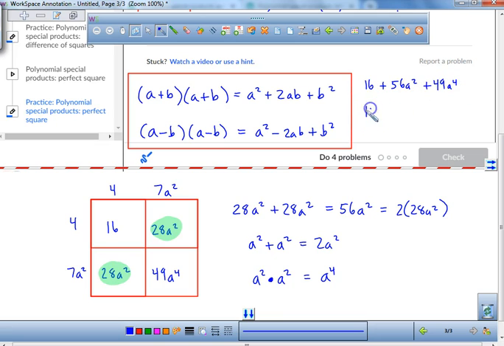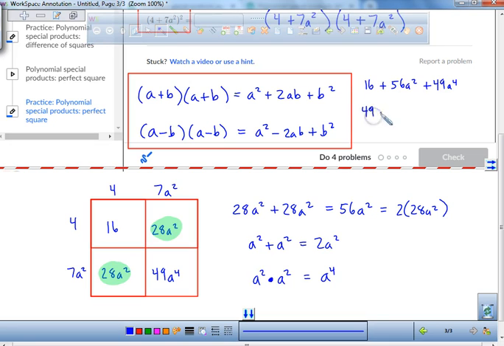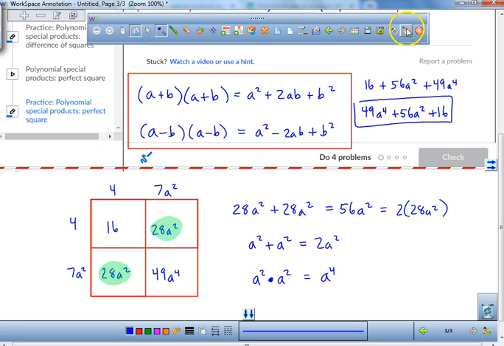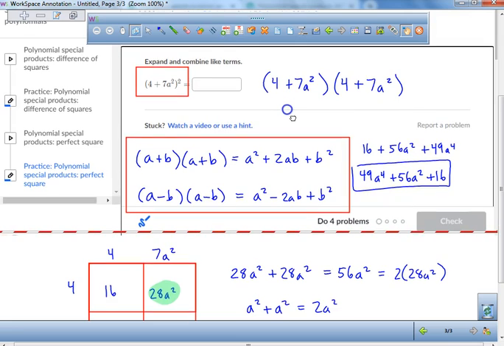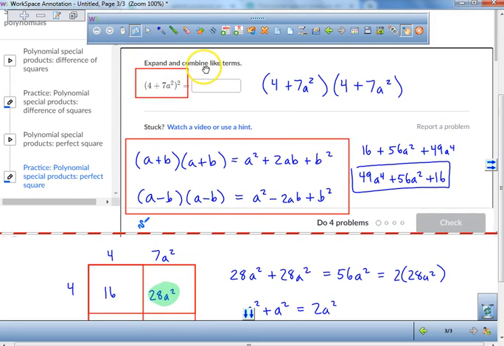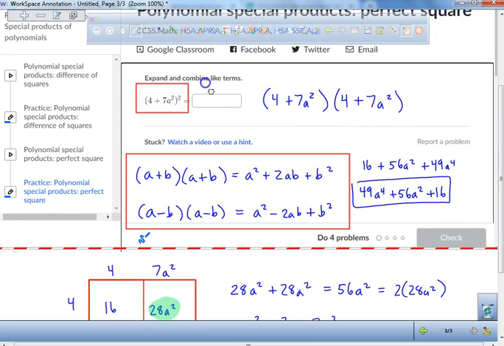But in standard form, we'd have to lead with 49a to the power of 4 plus 56a squared plus 16. Now, I don't know if it says standard form or not. I don't think it does. So I'm actually going to type it in this form, which is not standard form, and it should still work, since it says expand and combine like terms.